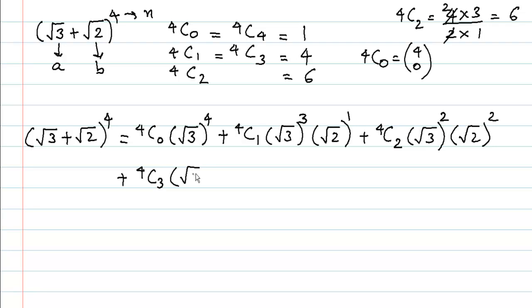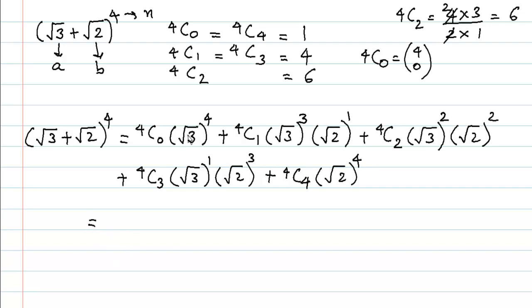We'll have the a, that is root 3 raised to 1, and the b, the root 2 raised to 3, means cubed. And finally we have 4c4. We won't have the first term a, we'll directly have the second term root 2 raised to 4.